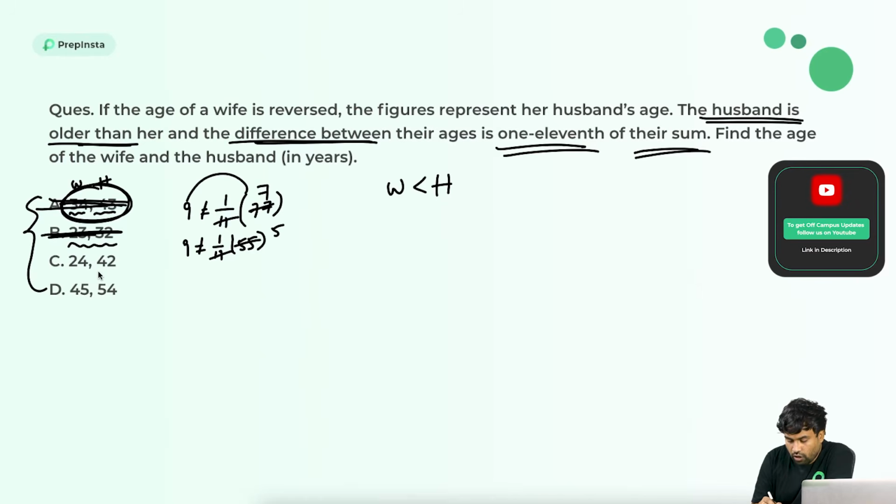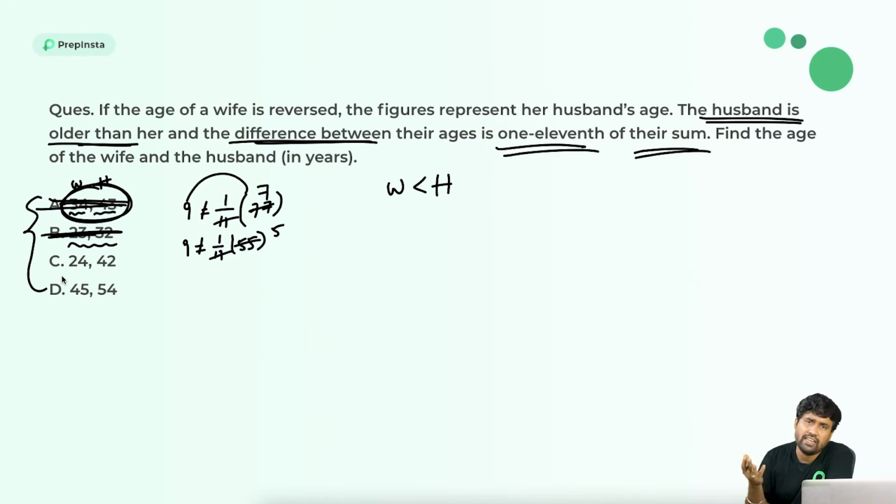Next, 24 and 42, the difference is not at all 9. Again, you will end up with the wrong answer. 24 plus 42 is 66, and 11 will cancel it 6 times, so the difference between these two is not 6. So all these options got eliminated simply.